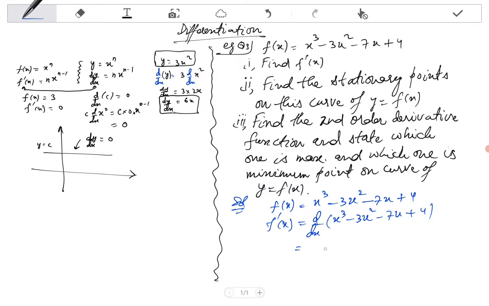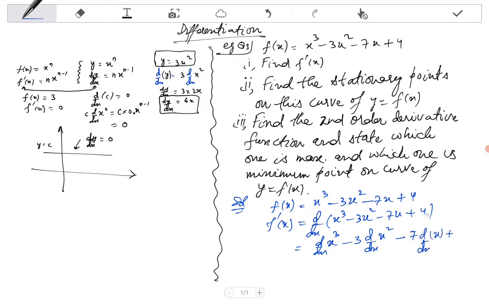It's applied to all terms. d by dx of x cube separately, minus 3 and x square are coming together. As I did in the previous example, I leave the minus 3 outside and apply the derivative on the x square term, and then minus 7 is similarly left outside and the derivative is applied on only x.